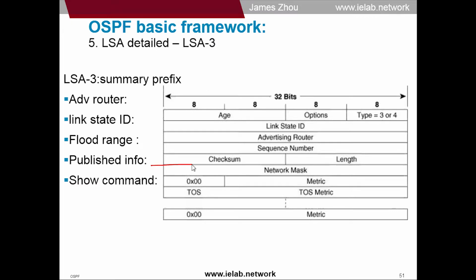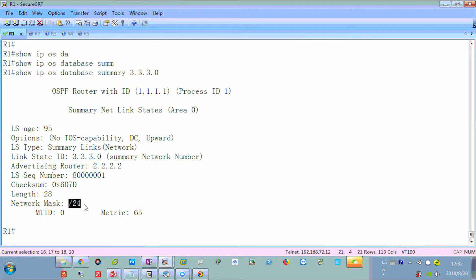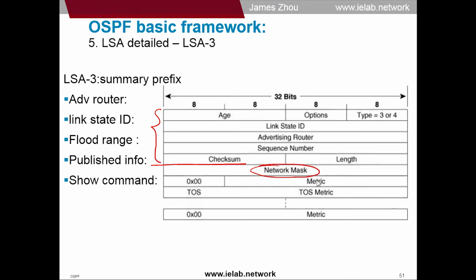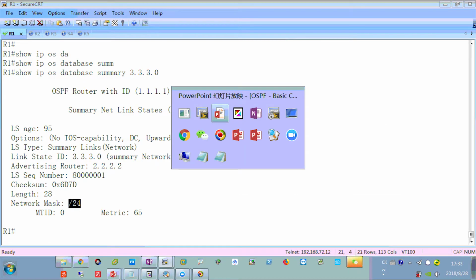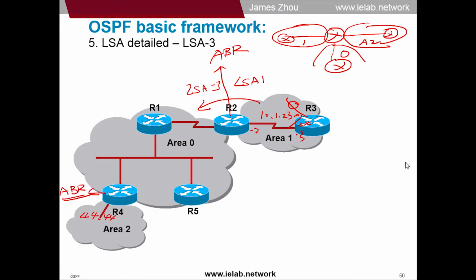The above is the LSA header. Here is the network mask. This is the network prefix, this is the mask. Here is the metric. The metric means the distance from the ABR to the prefix.